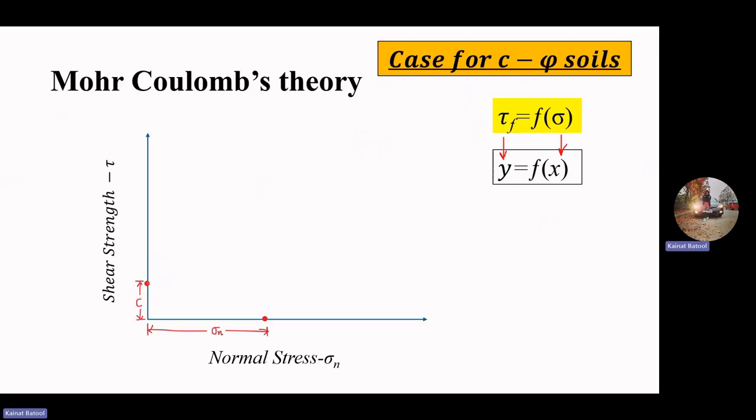Now we will start our graph from this point, because from 0 to this point is the value of your cohesive strength. Now we draw a linear line for our tau measurement, right? So this line depicts that when we increase the normal stress, the tau value, or the shear strength value, also increases in a linear pattern.